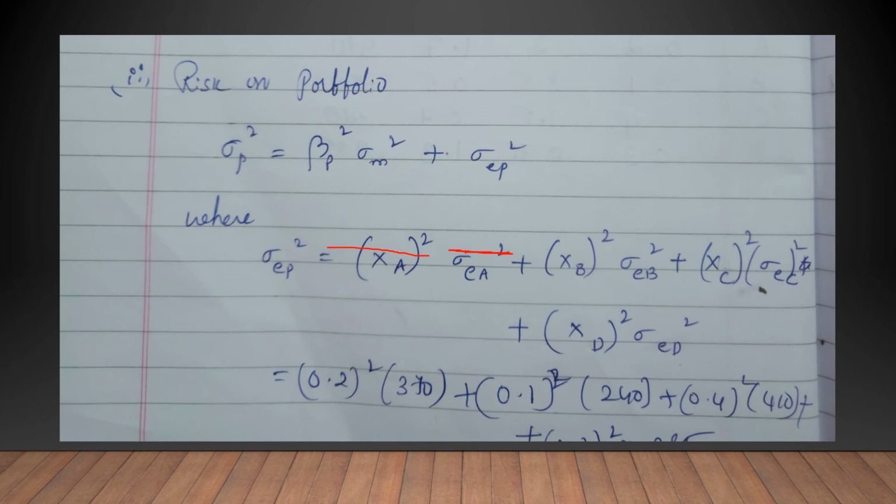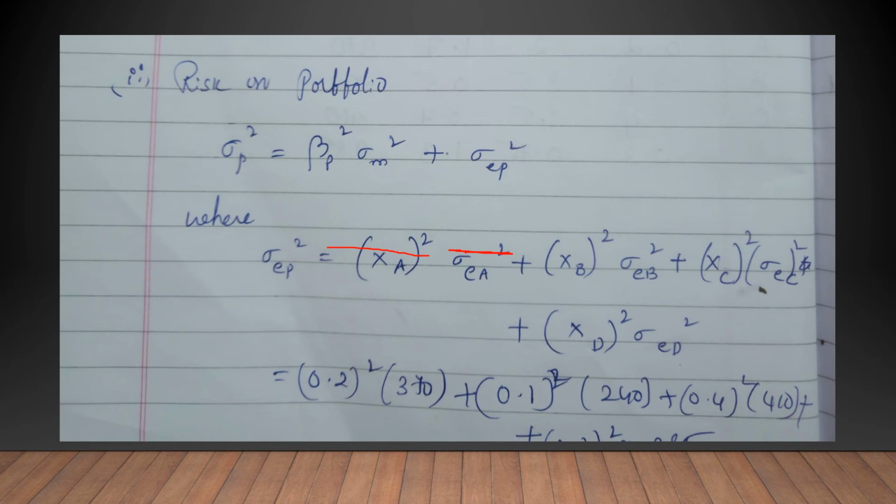Unsystematic risk is given in the question, not market variance. Market variance is different. It is for systematic risk. Unsystematic risk is given individually for each and every stock.